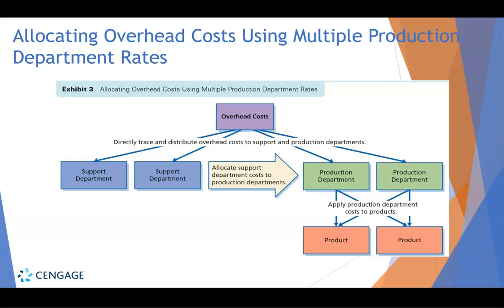The support departments, there may be several, and then we need to allocate those support department costs to the various production departments so we can make sure the costs are added into the final products.